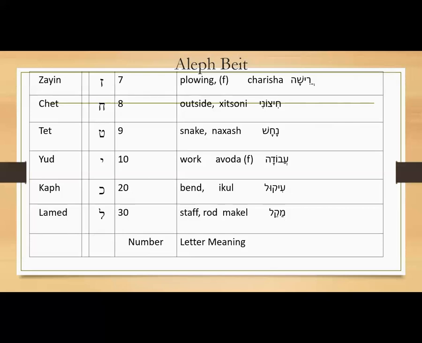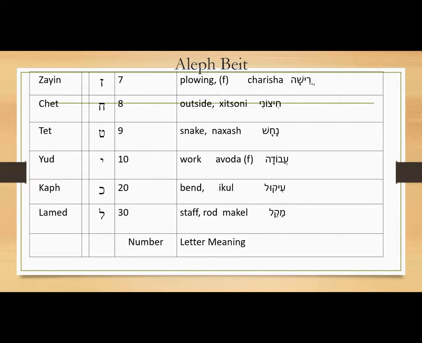It is a makel. Makel. A staff or a rod. So a roi, which is a shepherd, will use a makel when he tends to his sheep.